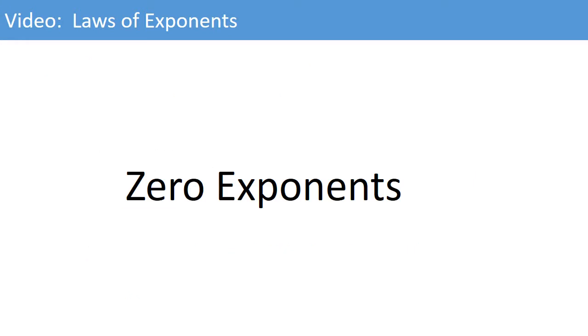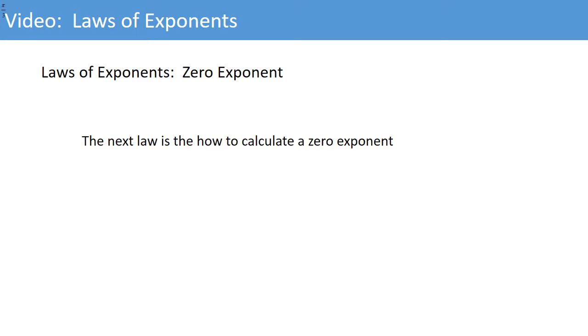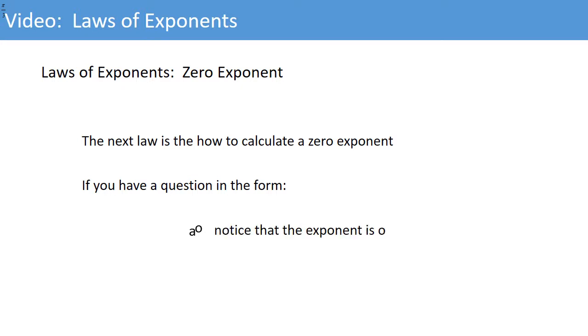Now, zero exponents. The next law is how to calculate a zero exponent. If you have a question in the form a to the exponent 0, notice the exponent is 0. The rule: any number with an exponent 0 has a value of 1.